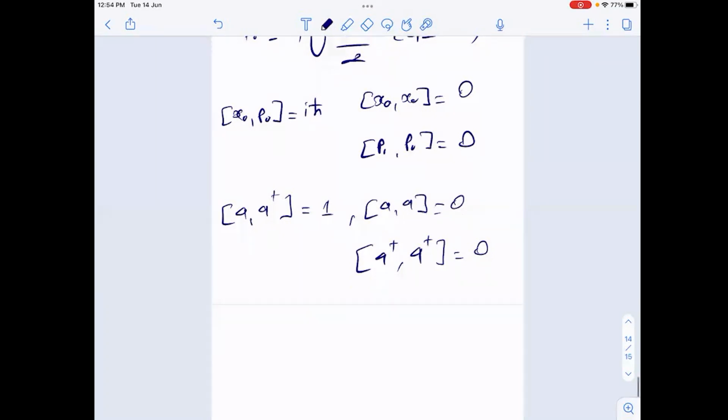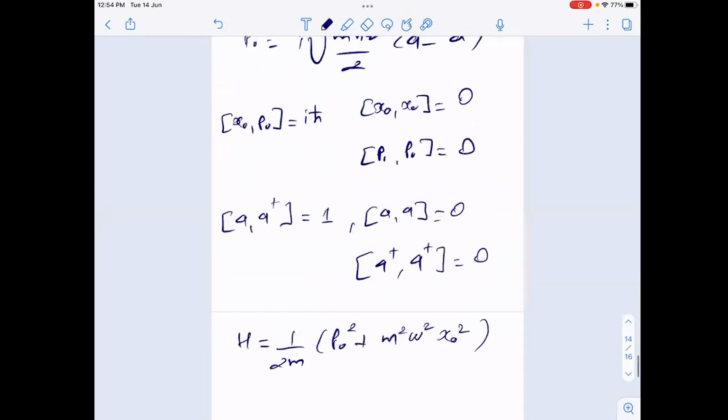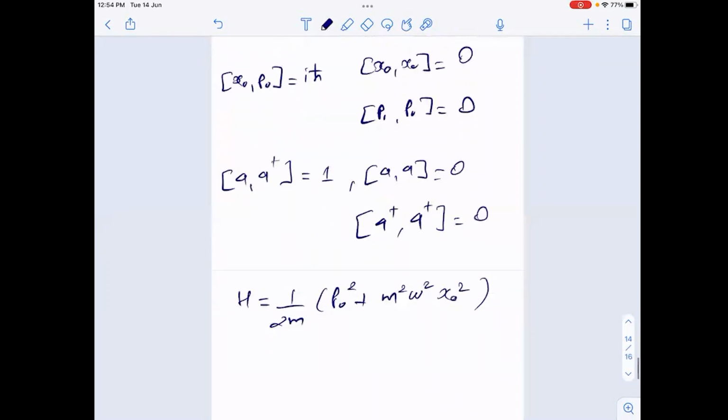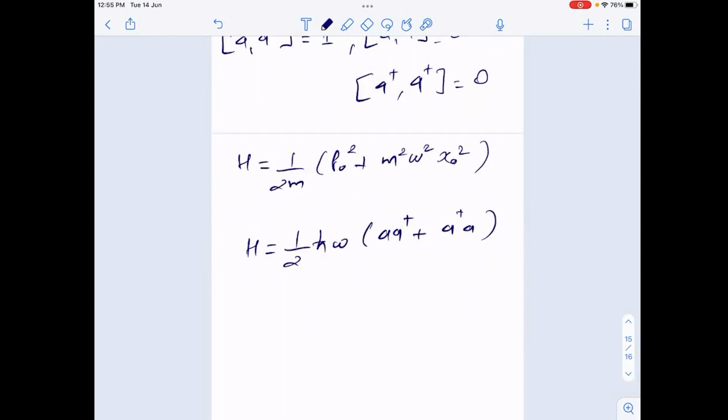Right? Now let's write the Hamiltonian that we know. The Hamiltonian is 1 upon 2m times (p0 squared plus m squared ω squared x0 squared), right? If we express the x0s and p0s in terms of A and A dagger, we can rewrite this as the Hamiltonian being half ħω times (A A dagger plus A dagger A). Fine.